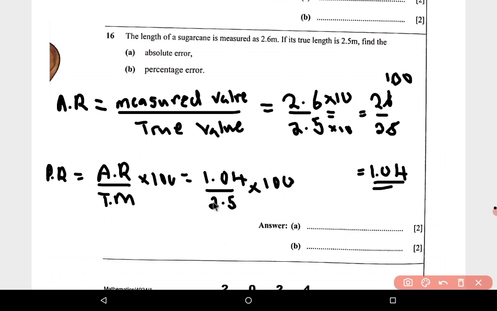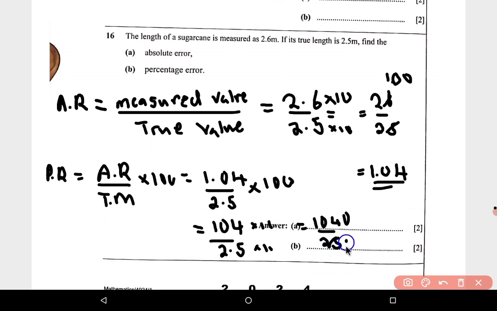Multiply by 10, multiply by 10, you get 1040 out of 25.